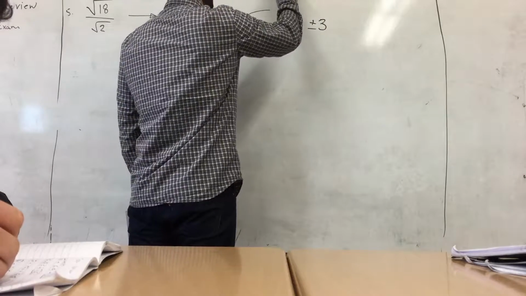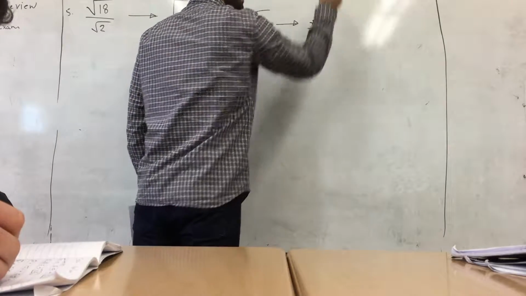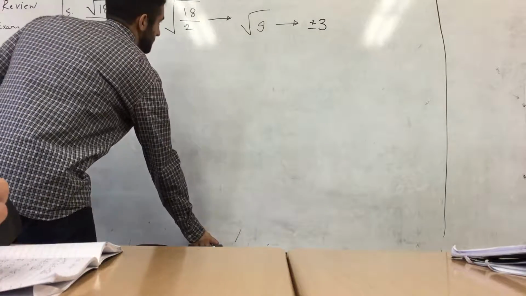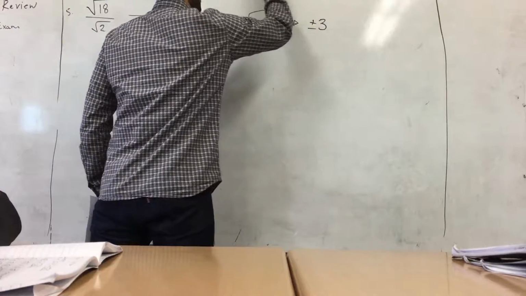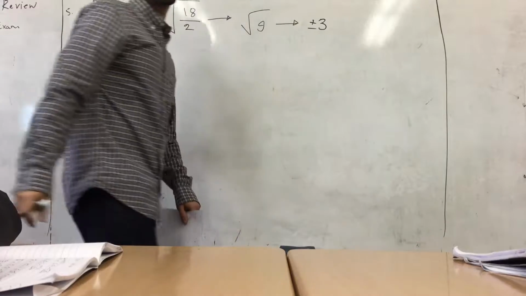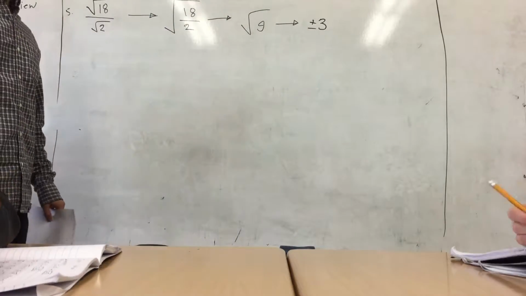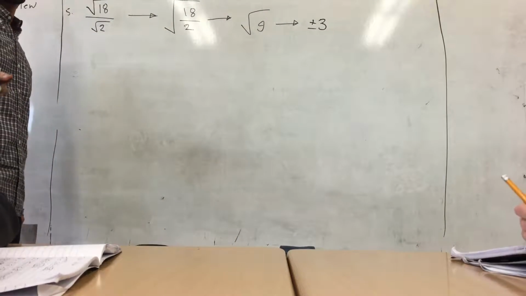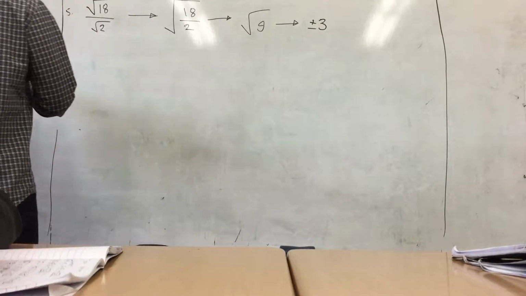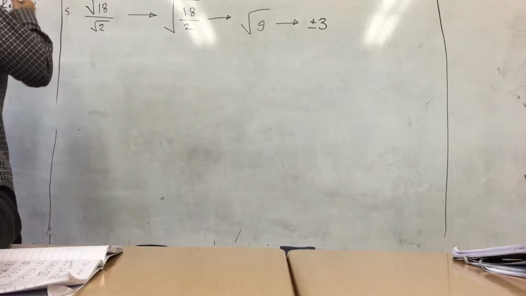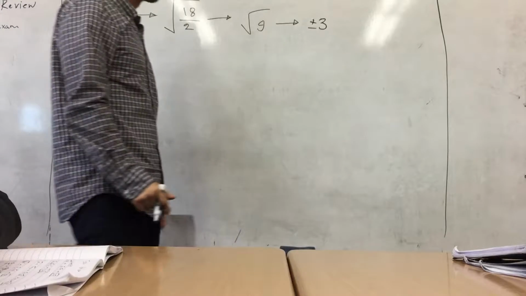Isn't it true that negative 3 times negative 3 is 9? You need that plus and minus there. They only occur on radicals for plus and minus.